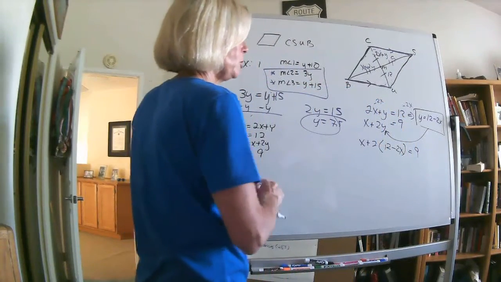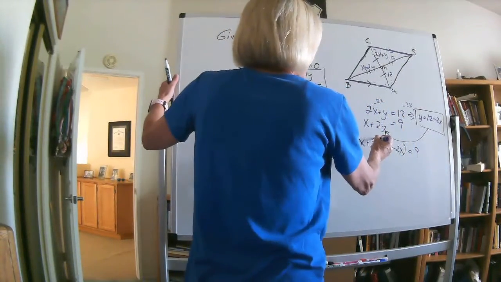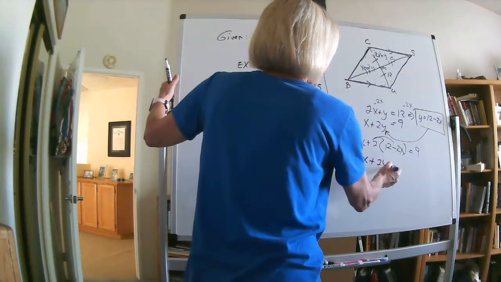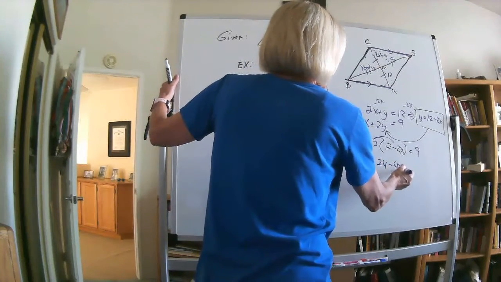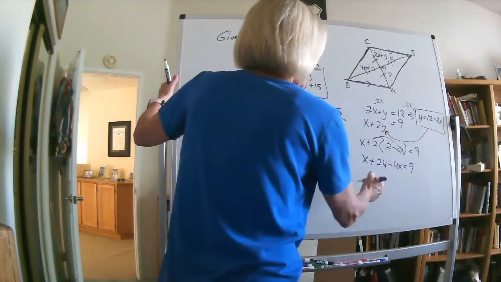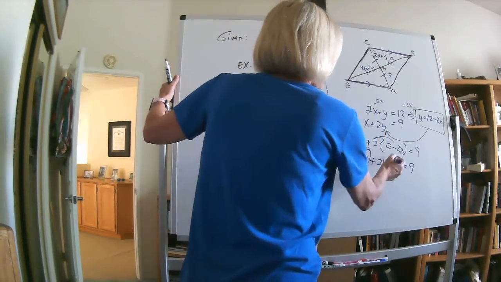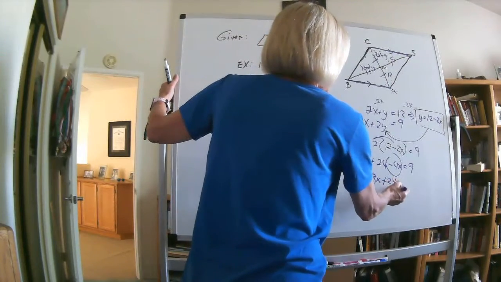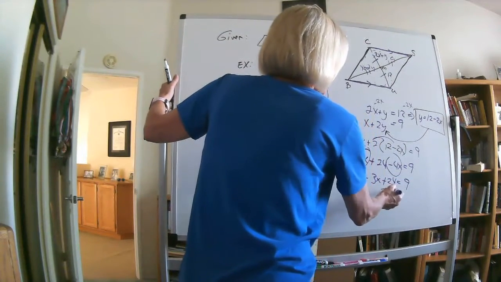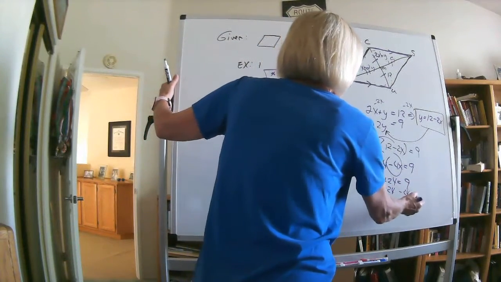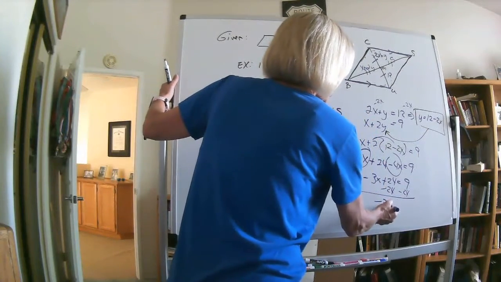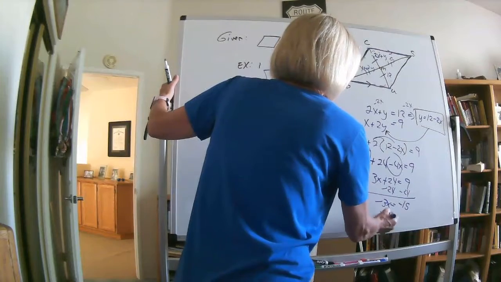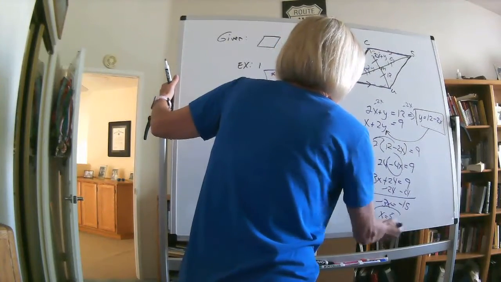I just substituted into my second equation. Now I'm going to distribute, and I get x plus 24 minus 4x equals 9. If I combine my like terms here, I end up with negative 3x plus 24. I'm going to subtract 24, and I end up with negative 3x equals negative 15, and then x is equal to 5.